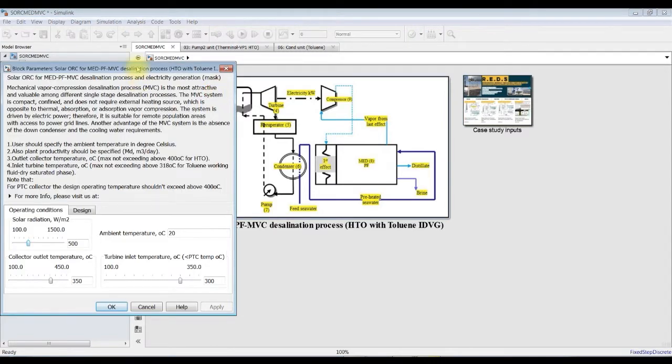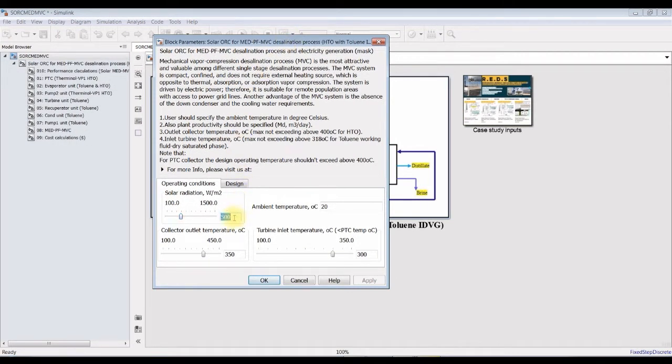Let's go and assign some parameters. For solar radiation, I'm going for 650. Ambient temperature, I think it's 25. It's fine. Outlet solar field temperature, top solar field temperature 350. It's okay. This is the outlet turbine conditions.